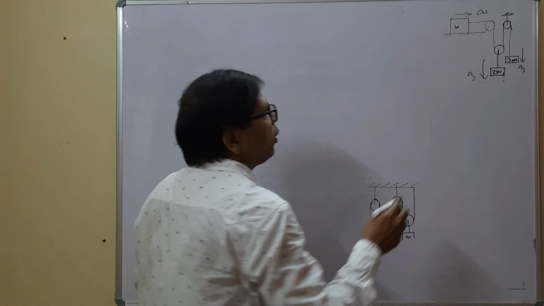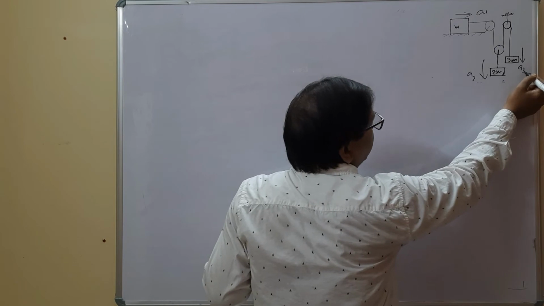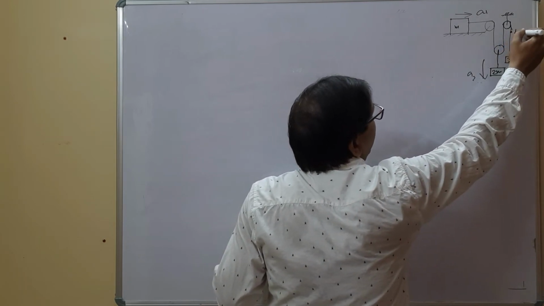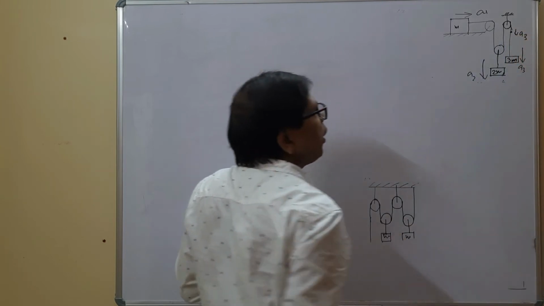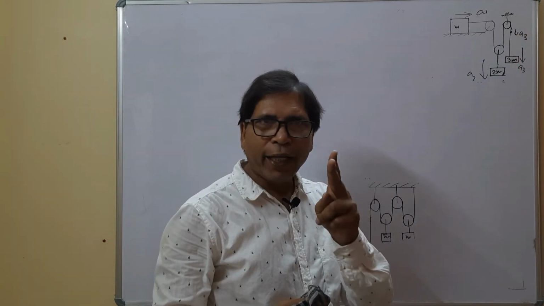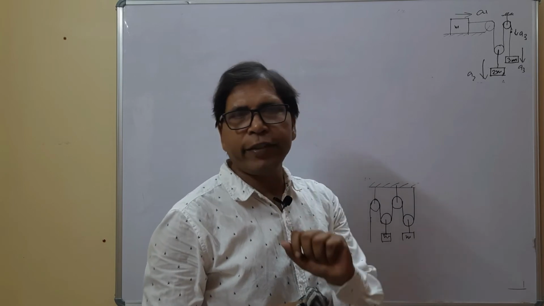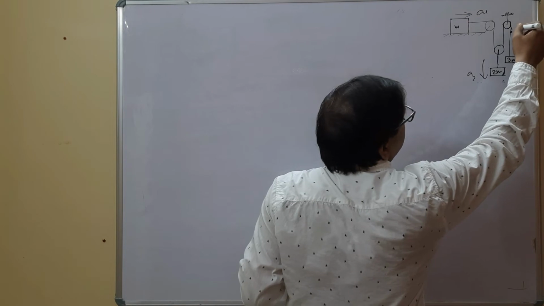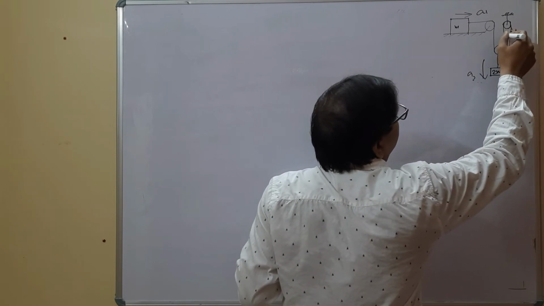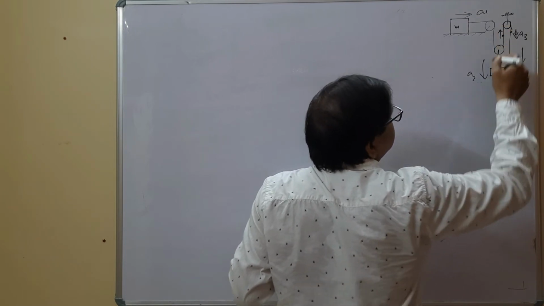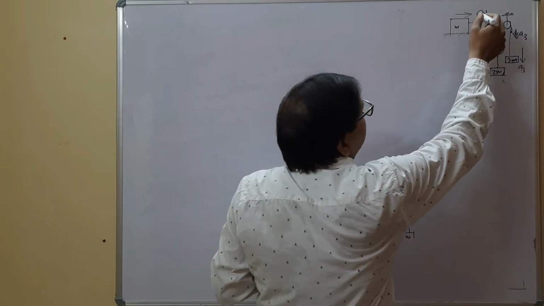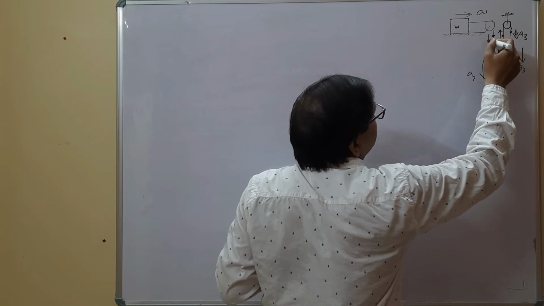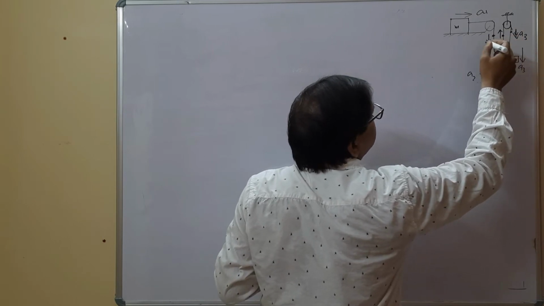If acceleration of this point is a3 downward, then for a fixed pulley, acceleration at its two ends is the same and in opposite direction. So this point moves upward with acceleration a3. Now here a1 is in the downward direction.